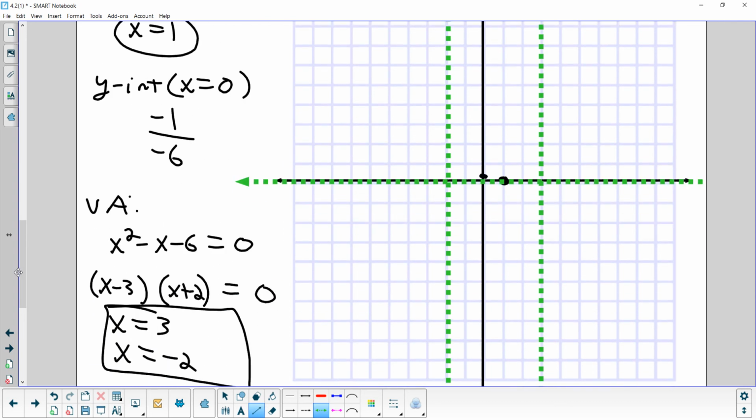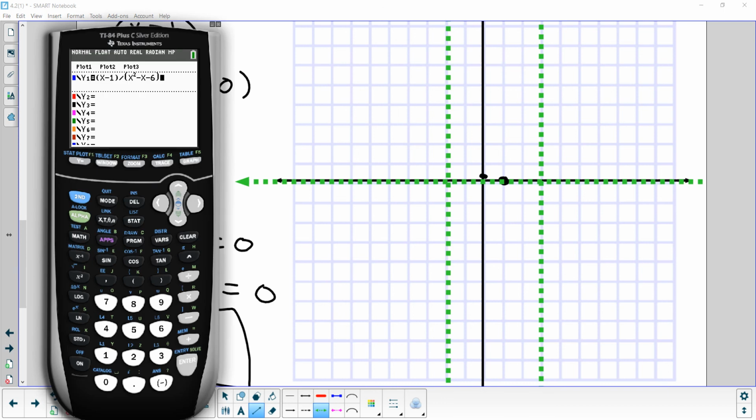Can somebody give me a number that's very close to -2, approaching from the left? Sorry, was it -2.1? Even closer. -2.01.